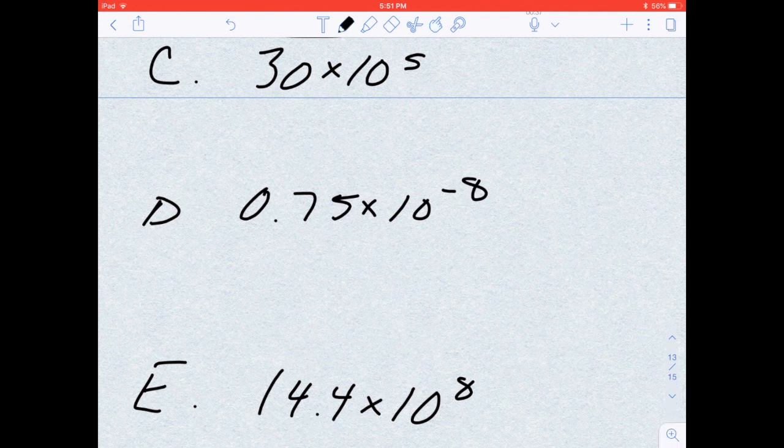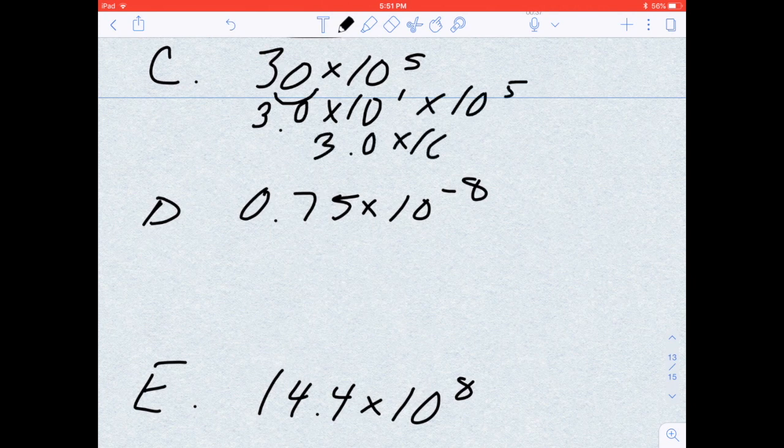Okay, letter C. I have 30 times 10 to the 5th. I move my decimal over 1 to the left. If I go left, it's positive. So 3.0 times 10 to the 1, moved it 1 place to the left, times 10 to the 5th, gives 3.0 times 10 to the 6th.